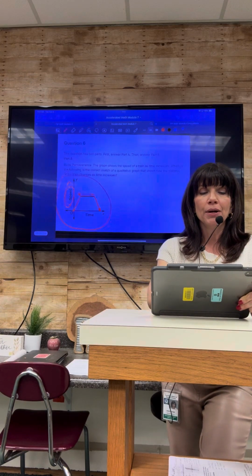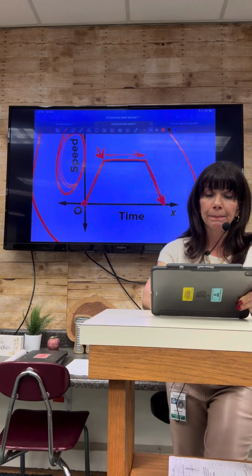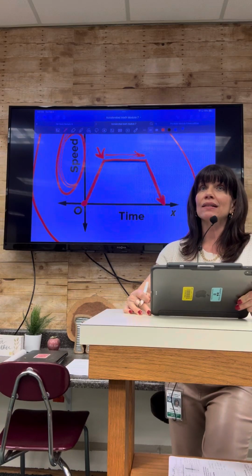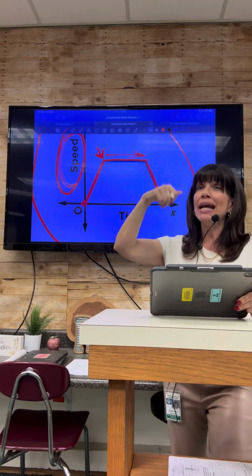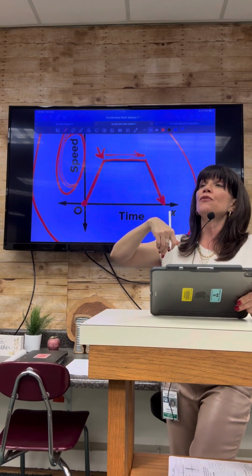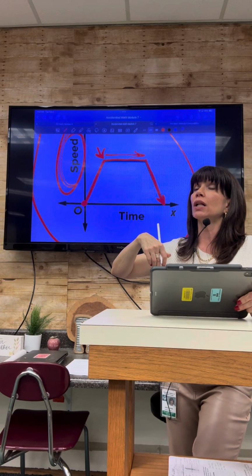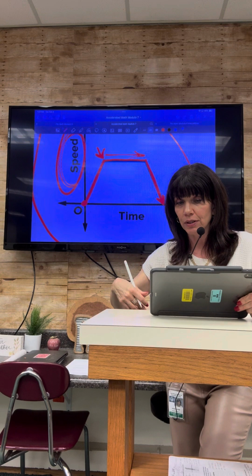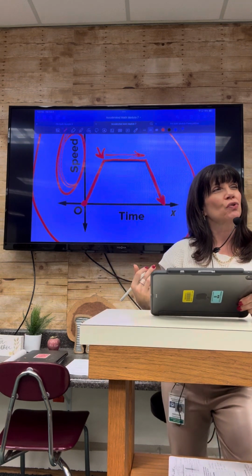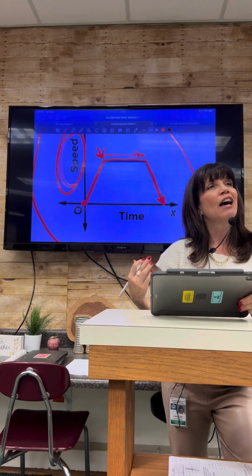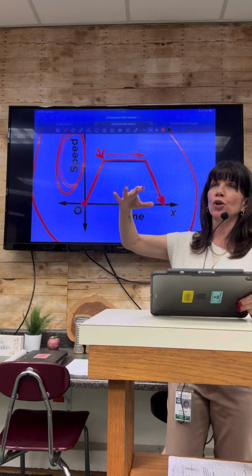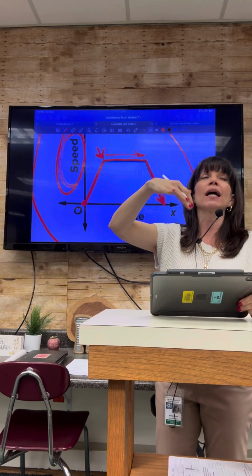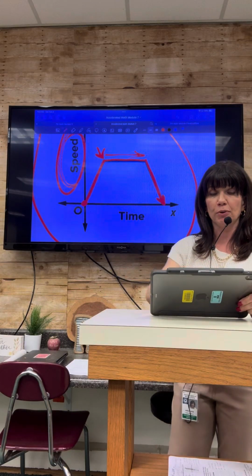Now, remember, the train went at a steady, increasing rate of speed, didn't it? Then it stayed at the same rate of speed. Then it slowed down until it stopped. What's another term for when you stop with your speed? Level off. Have you heard the term level off? If you stop at a certain position, you say, and then I leveled off at 0 miles per hour.